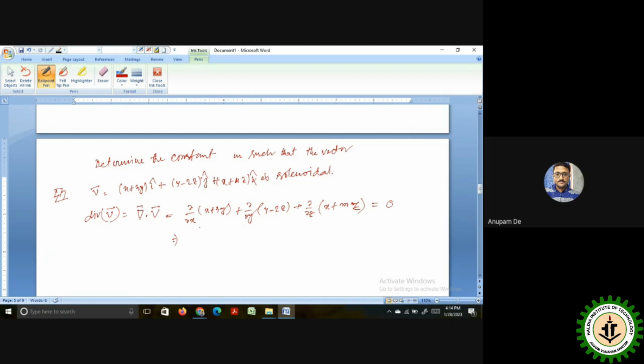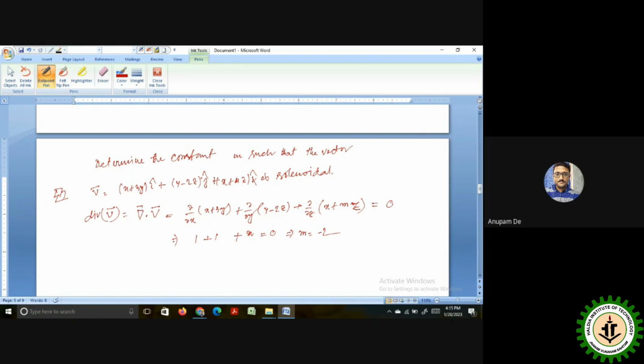The first term gives 1, the second gives 1, and the third gives m, so 1 plus 1 plus m equals 0. This gives m equal to minus 2. Clear? Is that okay to all?